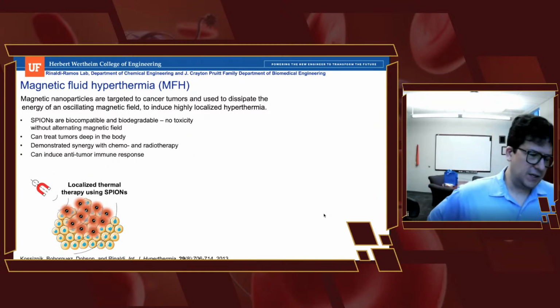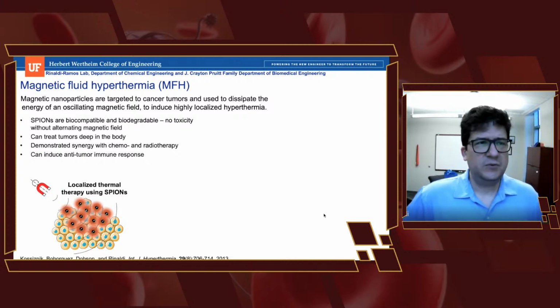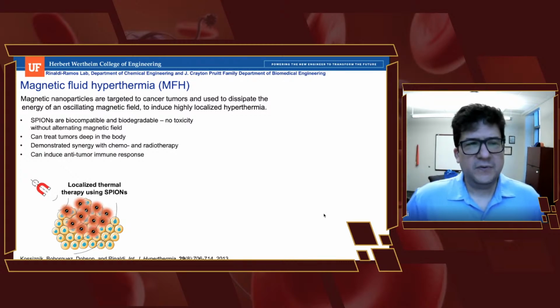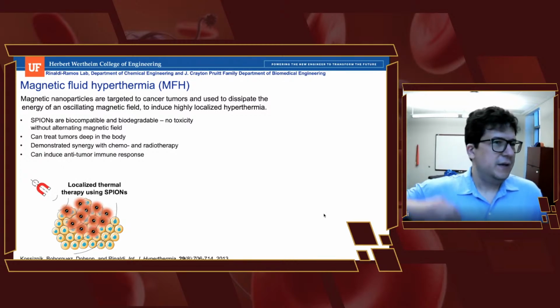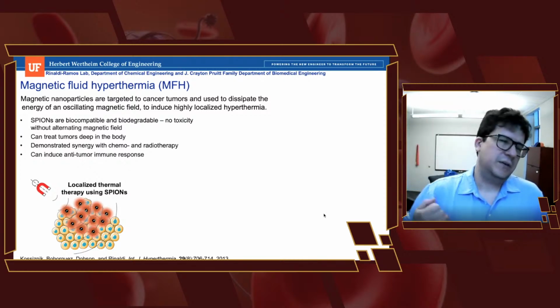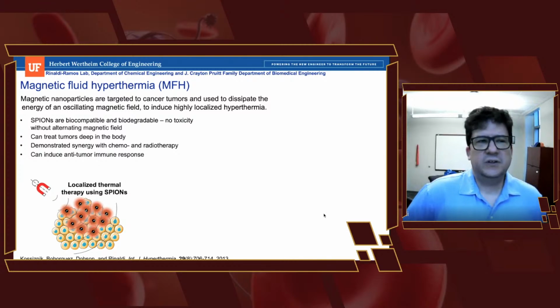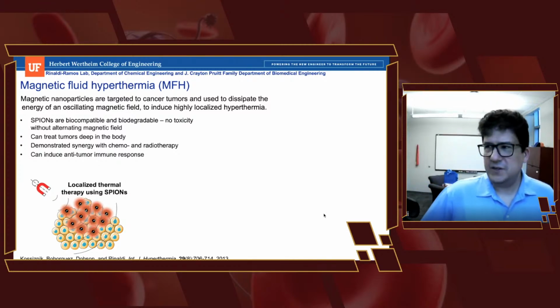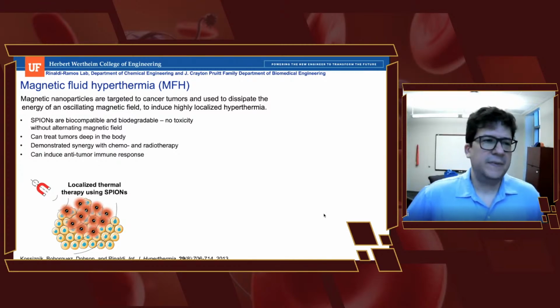And so I think Ivkov will talk more about magnetic fluid hyperthermia later today. But basically, this is a type of thermal therapy for cancer, where magnetic particles are targeted to cancer tumors or delivered directly to cancer tumors and used to dissipate the energy of an oscillating magnetic field, inducing localized hyperthermia.